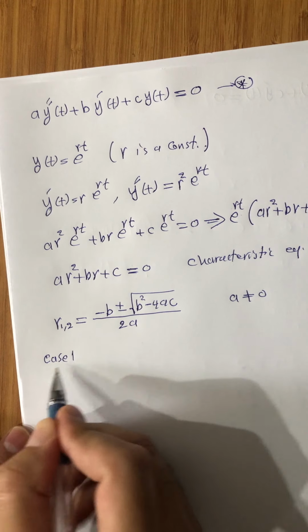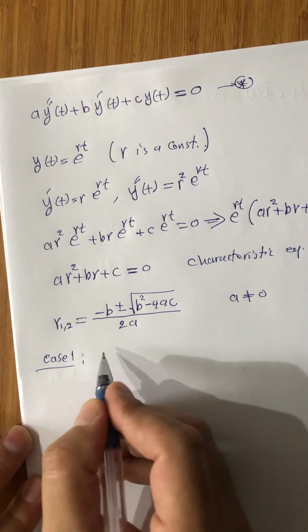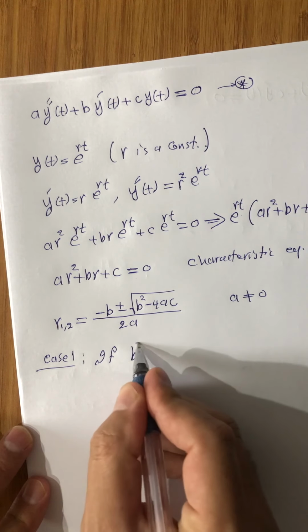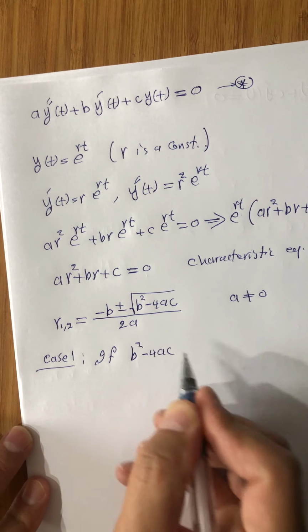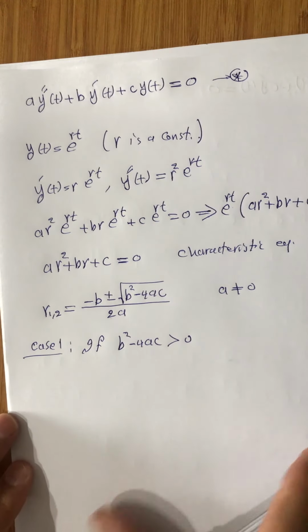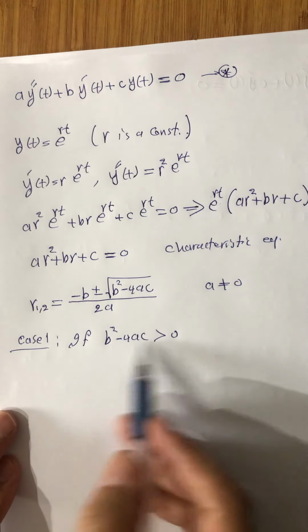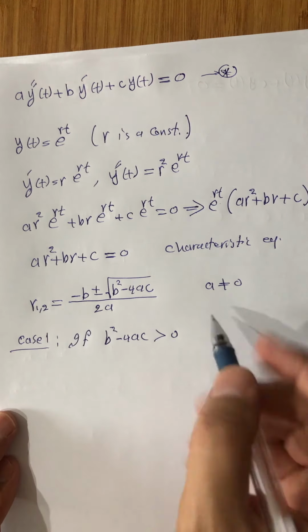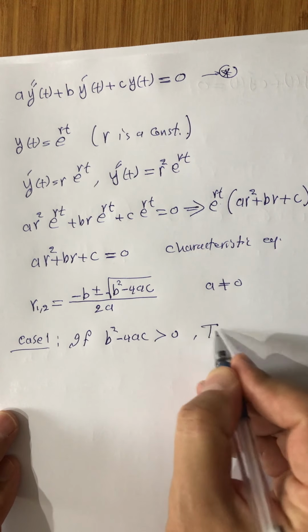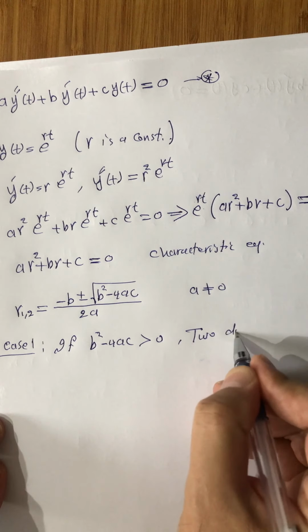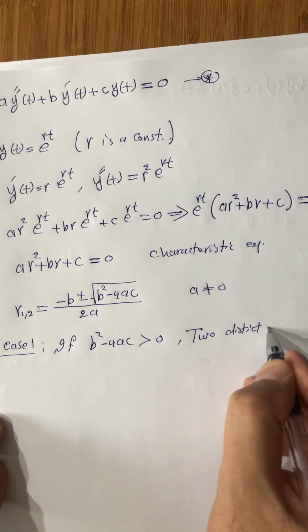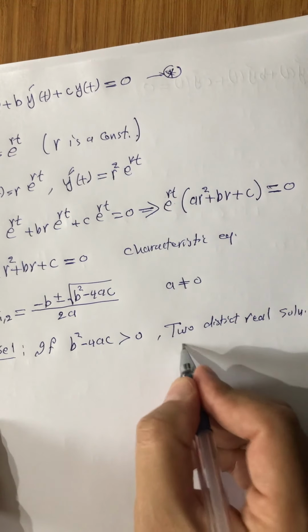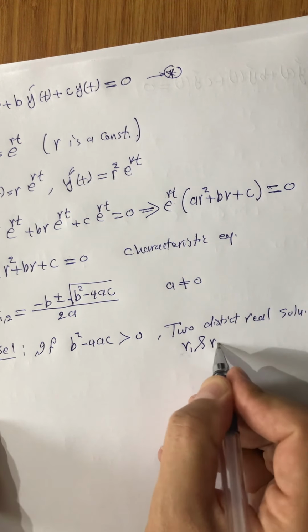In case 1, if b squared minus 4ac under the square root is positive, then we get two distinct real solutions, r1 and r2.